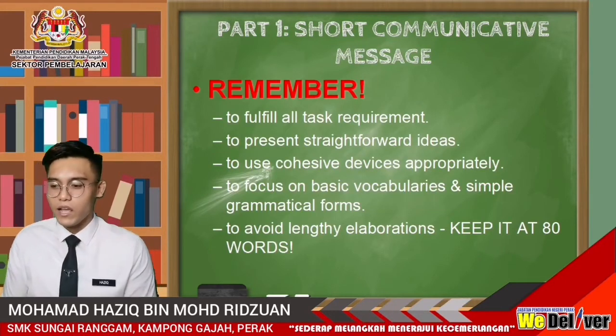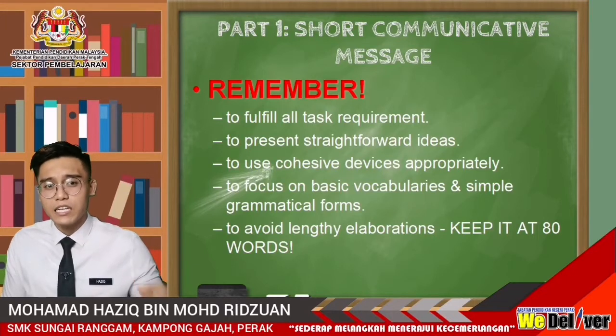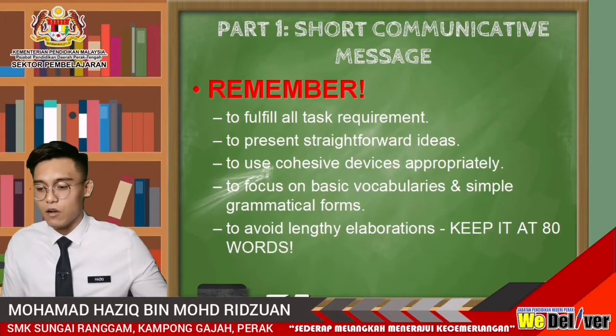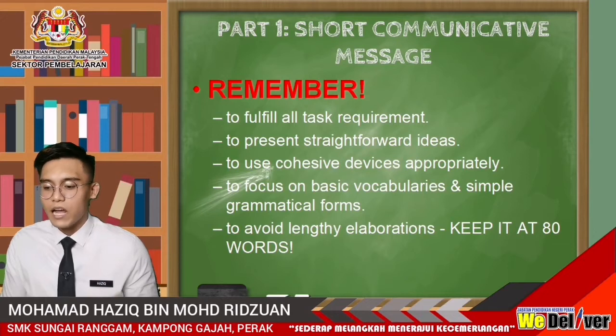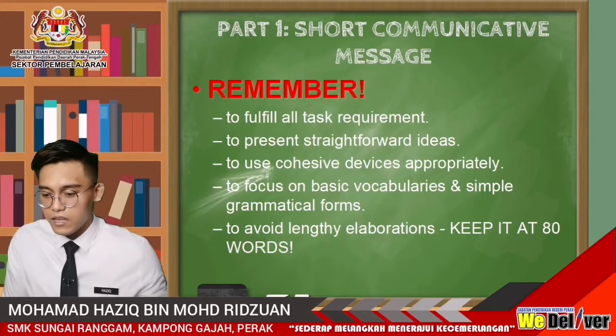Remember, for part 1, short communicative message, you have to fulfill all the task requirements. Make sure you write down every single question. You answer every single question asked, like I did just now, yeah? To present straightforward ideas. You don't have to be wordy with your explanation. Just go ahead with your idea, okay? Use cohesive devices appropriately, like the example that I showed you just now, okay?